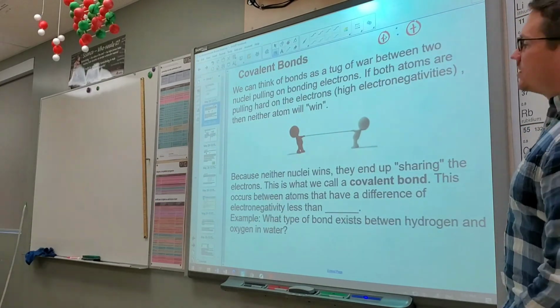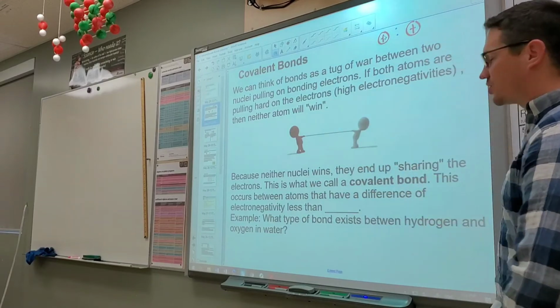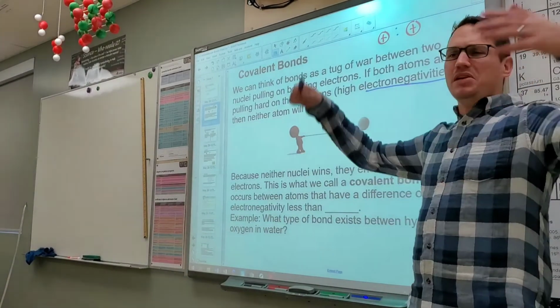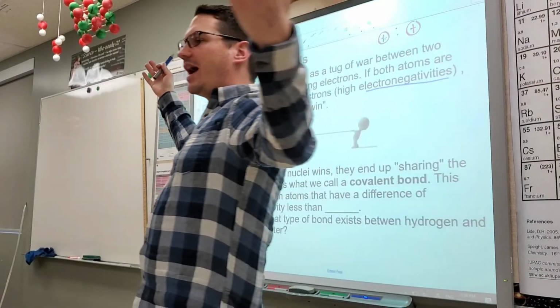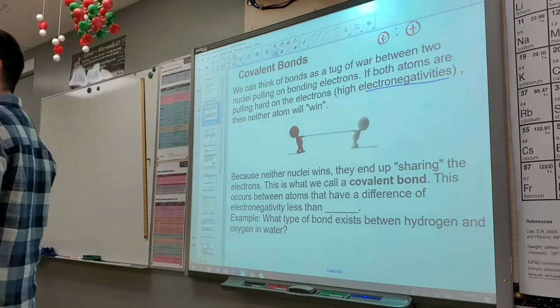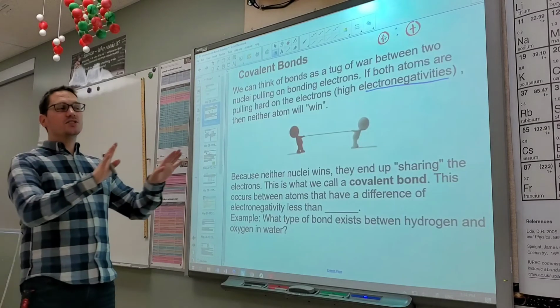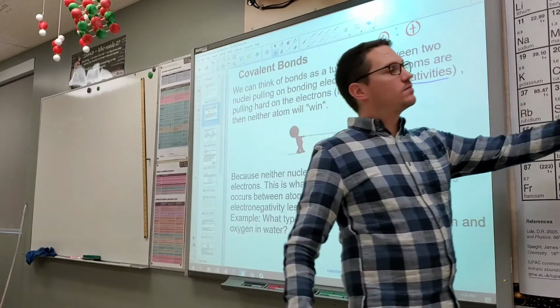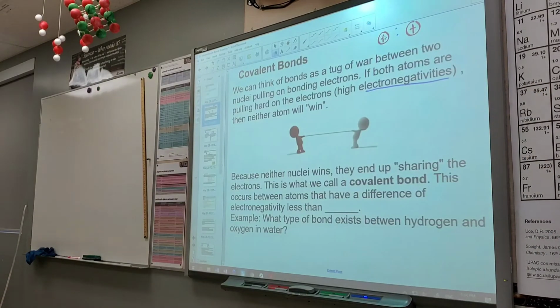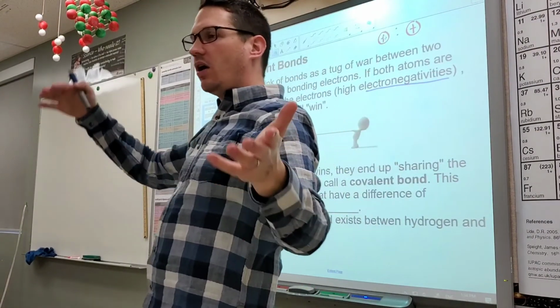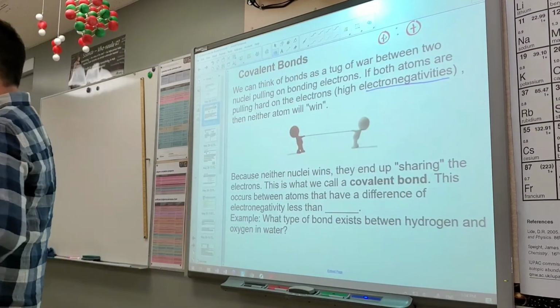If both atoms are pulling really hard on the electrons, if they have high electronegativities, give me an example of an element that has a high electronegativity. Carbon, let's see. What is carbon's electronegativity? It's 2.6. Is that pretty high when you look at all of the elements in the periodic table?